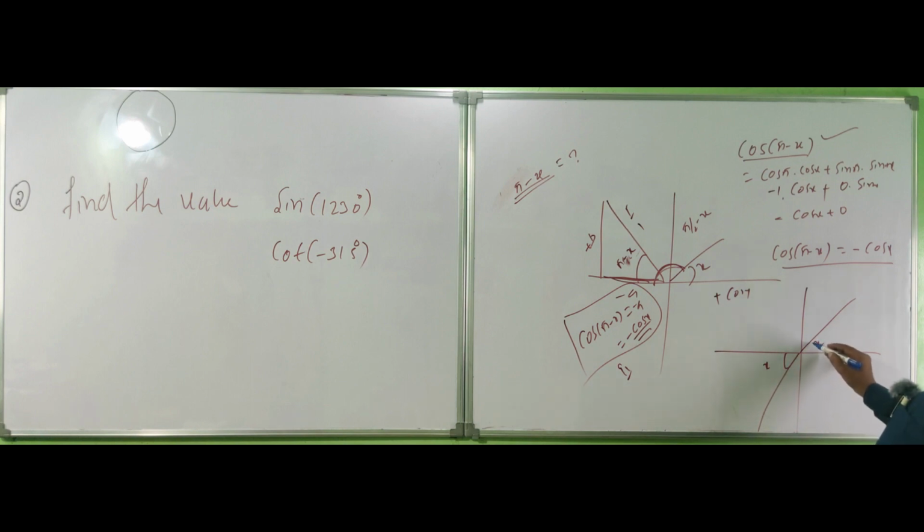Here you can take pi minus x. Can we consider pi minus x here? If this is x, and I take this one, this is minus b, this is minus a, so cos of pi minus x is minus a, or just minus b.